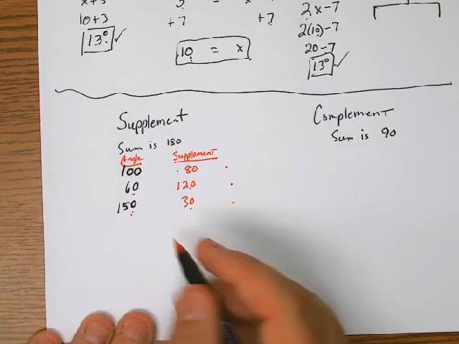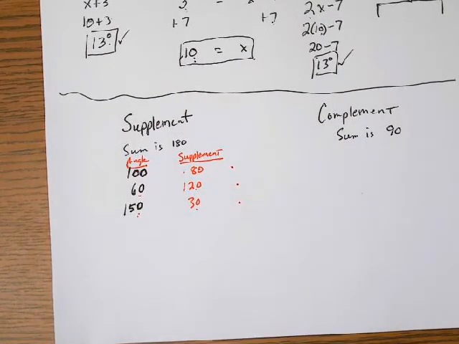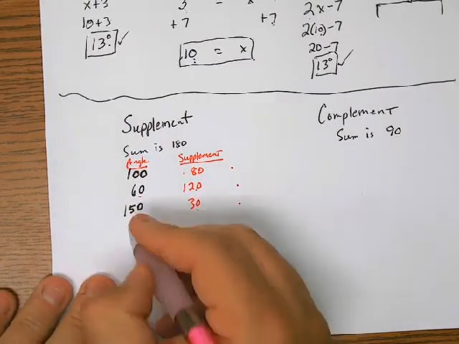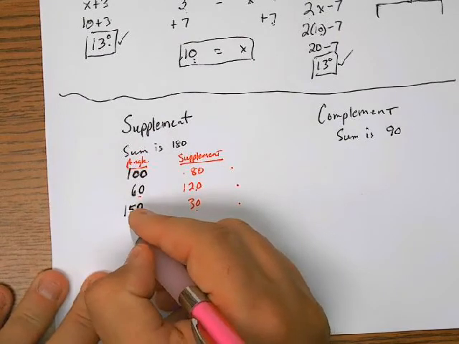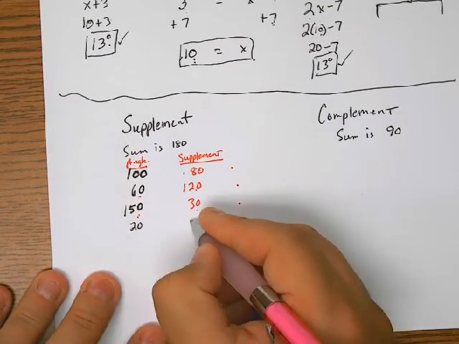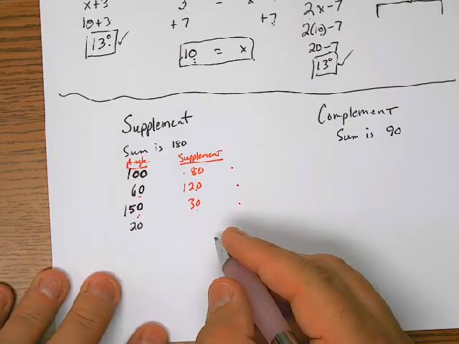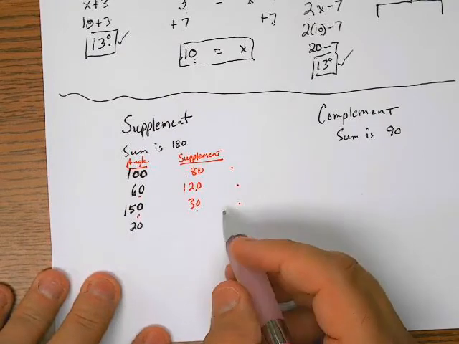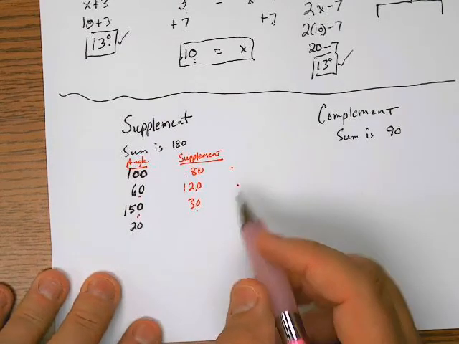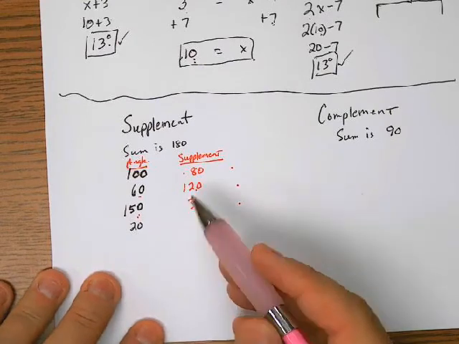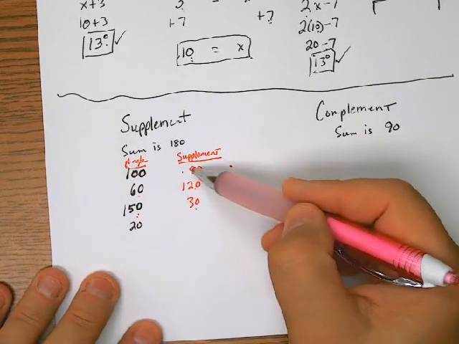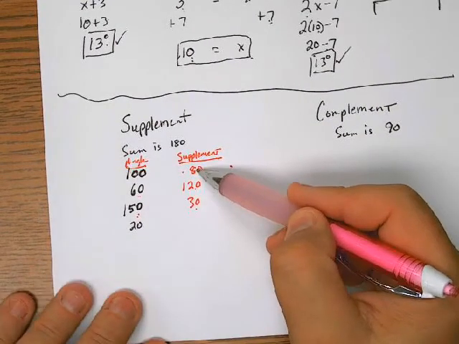All right, Colby, let's get you involved in this. If one of the angles is 20, what's its supplement? Nope. Colby, both of the angles have to add up to be 180.